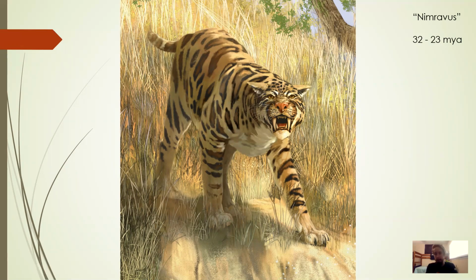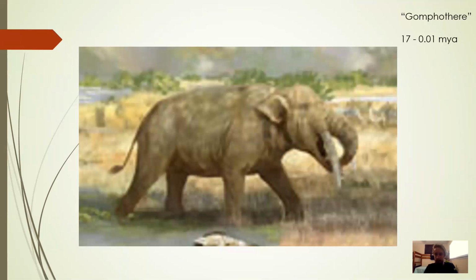Fortunately, the Nimravis has a close-up image on Carr's website, which is why I was able to find a higher resolution image of it, which I could not find for a Mesohippus. And then the third animal, which is in very low resolution, is the Gomphothere, or I'm going to assume this is a Gomphotherium, because proboscideans are not my area of expertise, but I do believe this is a Gomphotherium based on what I've been able to identify about it.